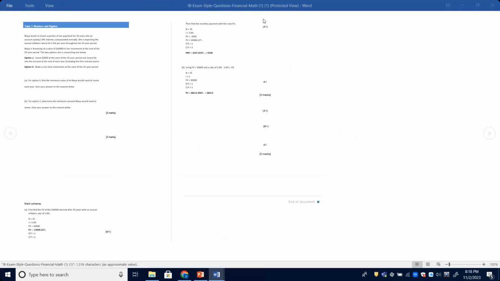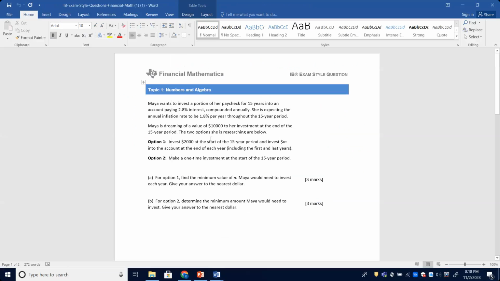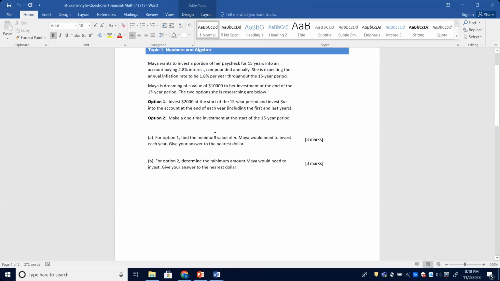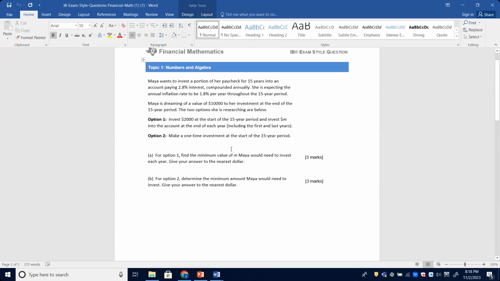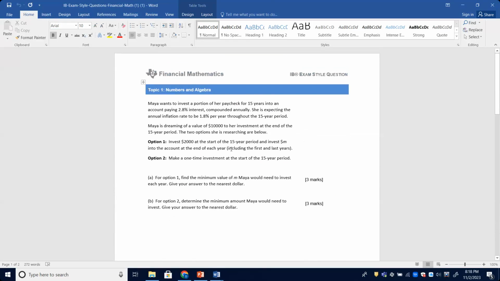This is a financial math question. It comes with an exam style question, plus the mark scheme and what you earn for each step of the process. This is included with every activity, so we have between 50 and 70 exam style questions for you to use.